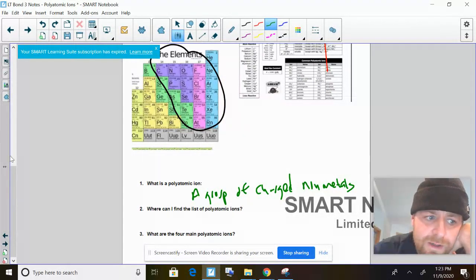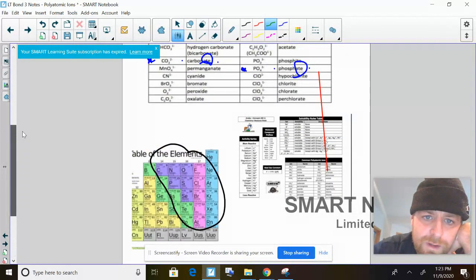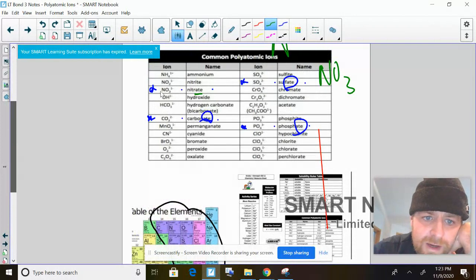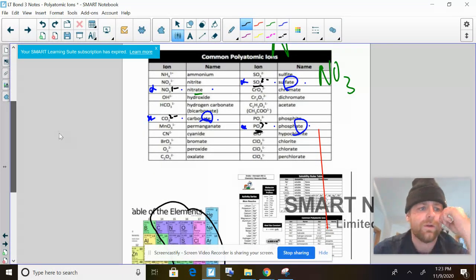In nitrate, you have one nitrogen and three oxygens. And if you look really close, you can see the charge says -1 up top. This one says -2, and this says 2 minus. So it applies to the whole package. 3 minus. It applies to the whole package.